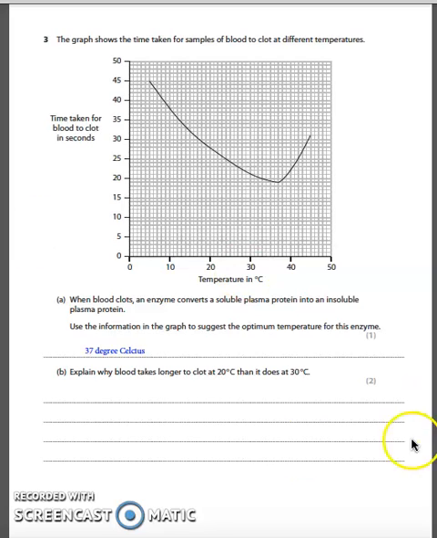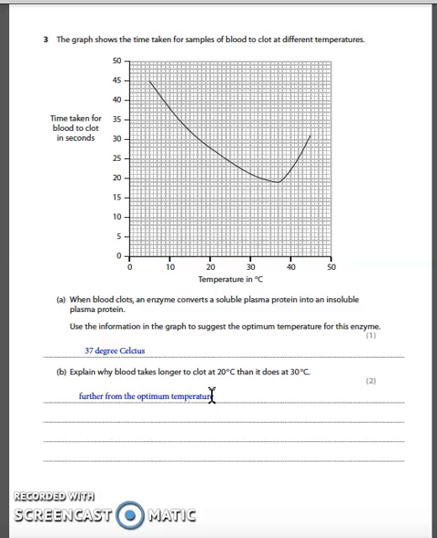The first thing you can say is that 20 degrees Celsius is further from the optimum temperature. In this case, the optimum temperature is 37 degrees, which is what we got from our answer in the first one.